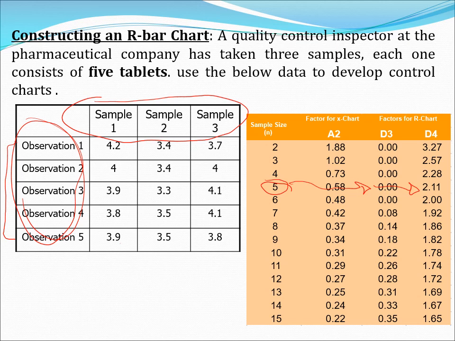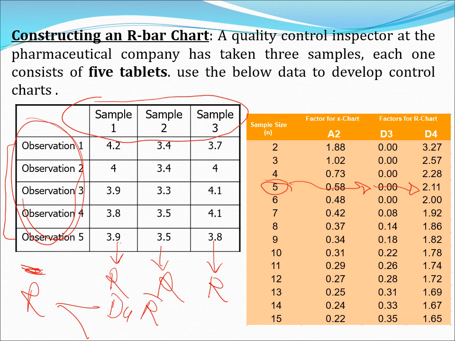And of course, what you need to do is calculate the range for sample 1, range for sample 2, and range for sample 3, and calculate the average range, or R bar. Then calculate the upper control limit by multiplying D4 by R bar, and the lower control limit by multiplying D3 by R bar.